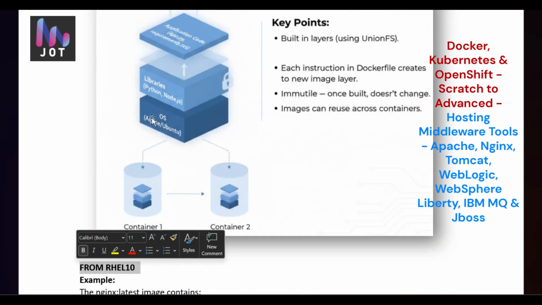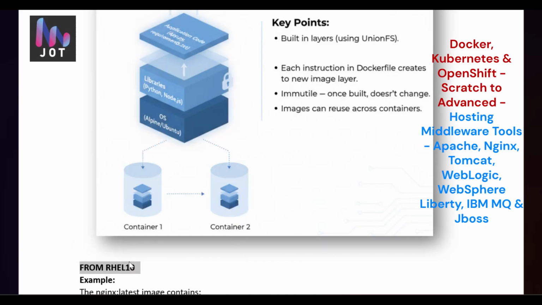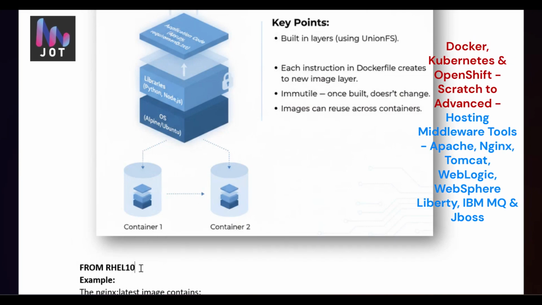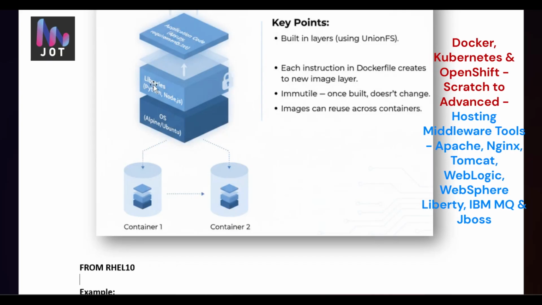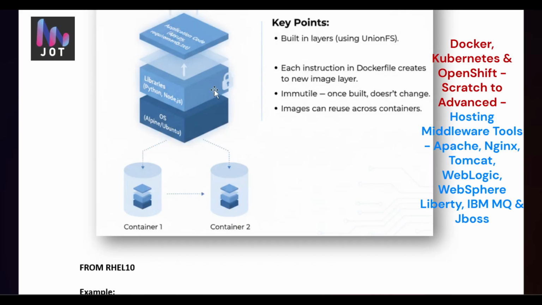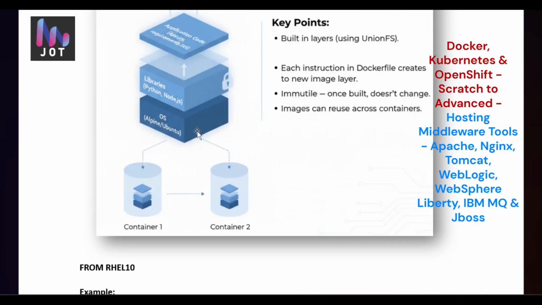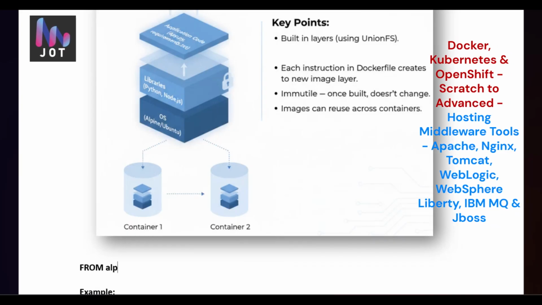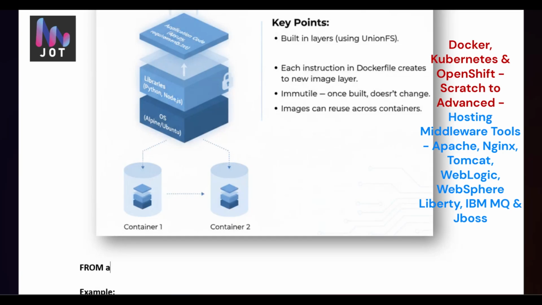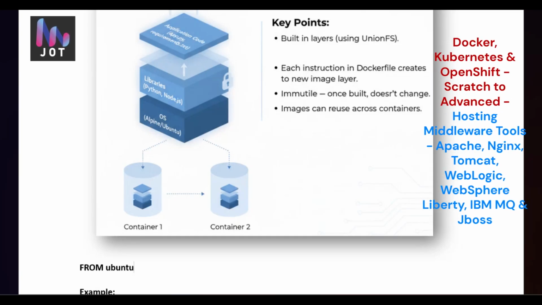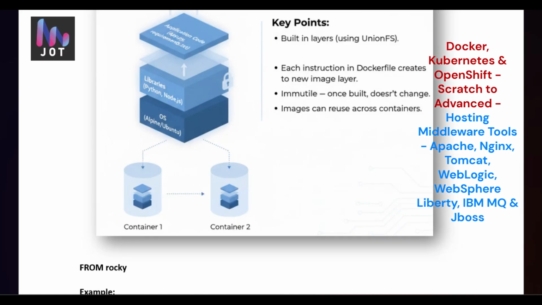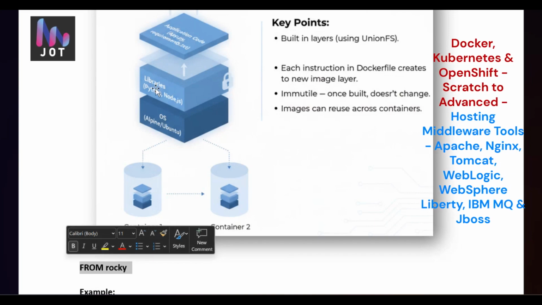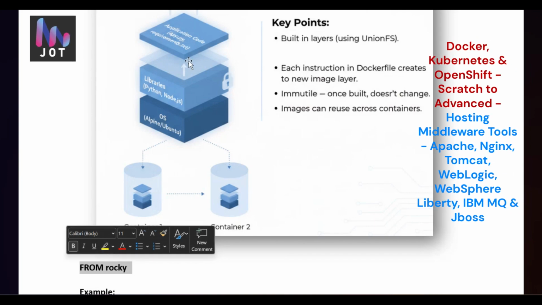FROM RHEL 10 means it will get the RHEL 10 operating system from Docker Hub. Thereafter, you say Nginx, which is the Nginx runtime, and another layer is added on top of RHEL 10. Or you can also mention Alpine, or any operating system that you want, Ubuntu or Rocky Linux, whatever you want.